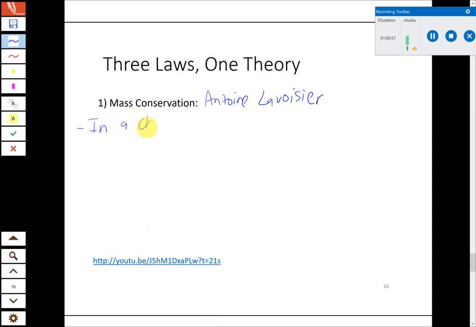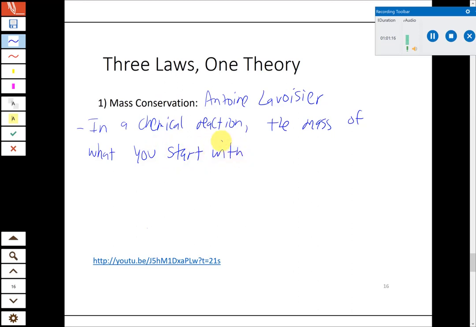In a chemical reaction, the mass of what you start with, the things that you're mixing together in the chemical reaction, in chemical terms, we call these the reactants, which we will systematize a lot more later on, is equal to the mass of what forms.